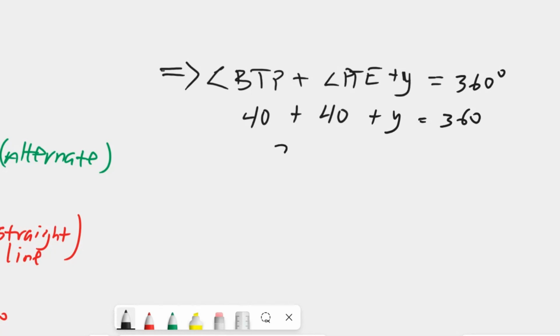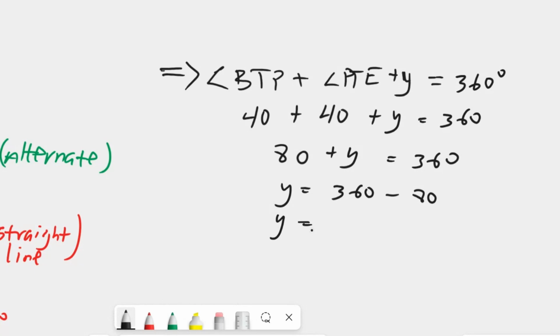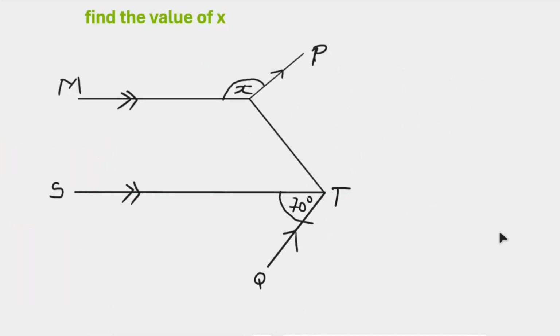So that's going to give me straightforward 80 plus y equals 360. Subtract 80 from both sides, and that's going to give me y equal to 360 minus 80. So y is equal to 280 degrees. So that's the value of y, and it is a reflex angle.